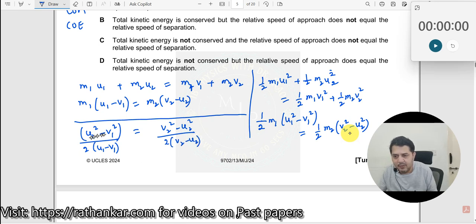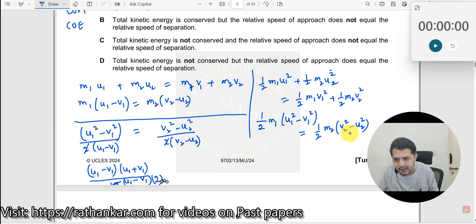Now you see u1 square minus v1 square is of the form a minus b into a plus b. So I get (u1 minus v1) into (u1 plus v1) divided by (u1 minus v1) multiplied by 2. I can cancel the 2 here.